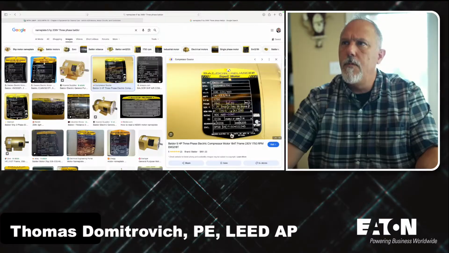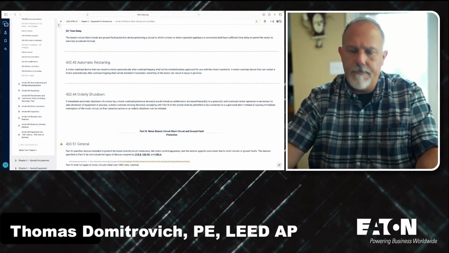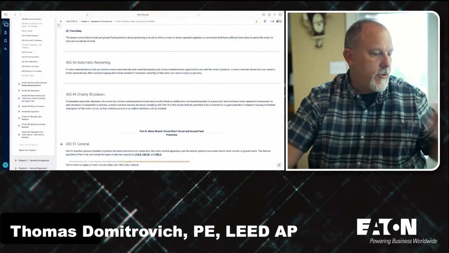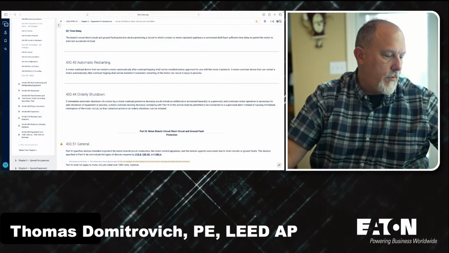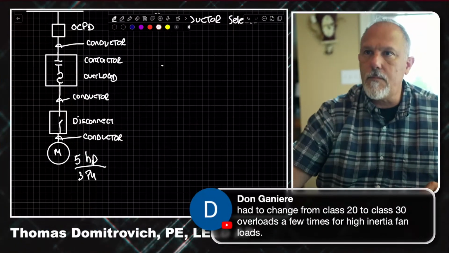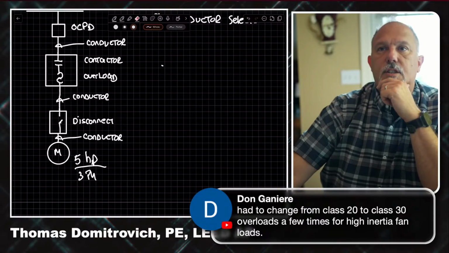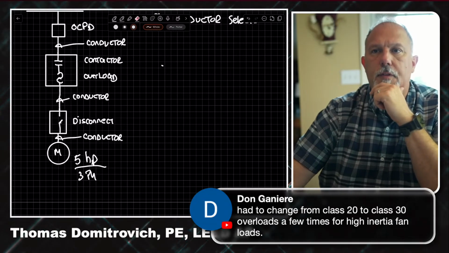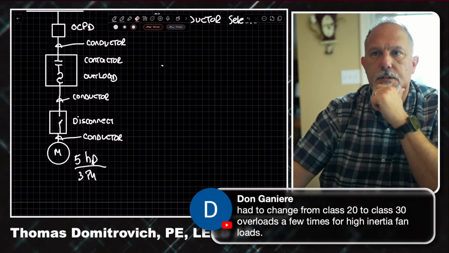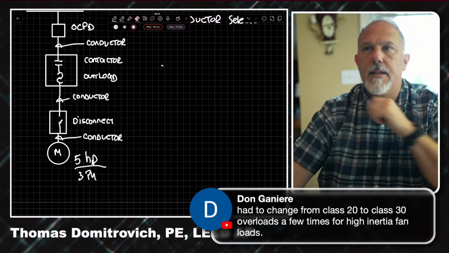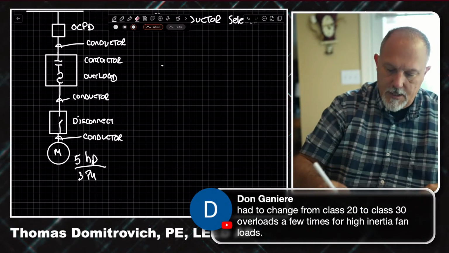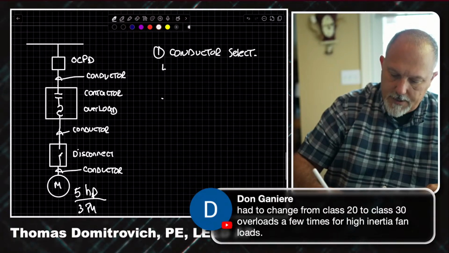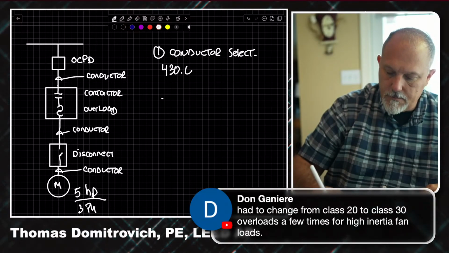Okay, so let's close that. We're done with that. We're going to do our conductor selection, right? So let me go to the iPad. All right, so 430. What part in 430? We're going to go general requirements, conductor ampacity. There we go, 430.6. So 430.6 is a reference.